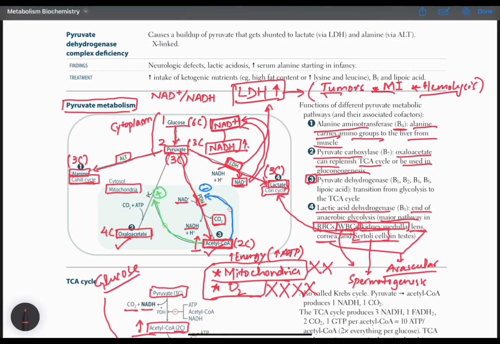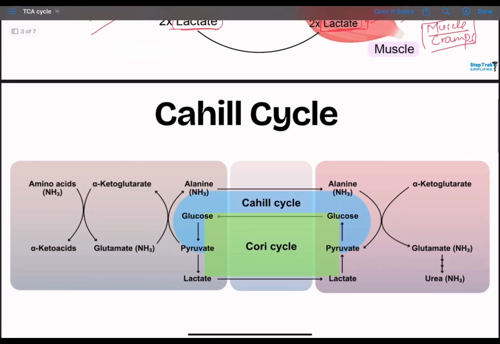Now, to understand the Cahill cycle, let's first of all understand what are amino acids and what are keto acids. When an amino acid loses an amino group, the structure left is the keto acid.